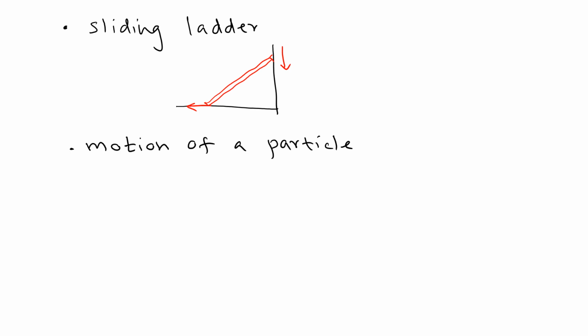The next one is motion of a particle. Let's say a particle follows a specific path, and its x and y coordinates change depending on the path. One nice example would be a particle moving on a circle. You can see the x and y variables are related to each other.